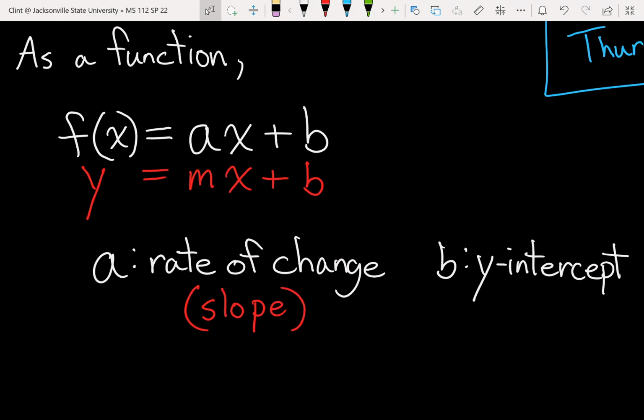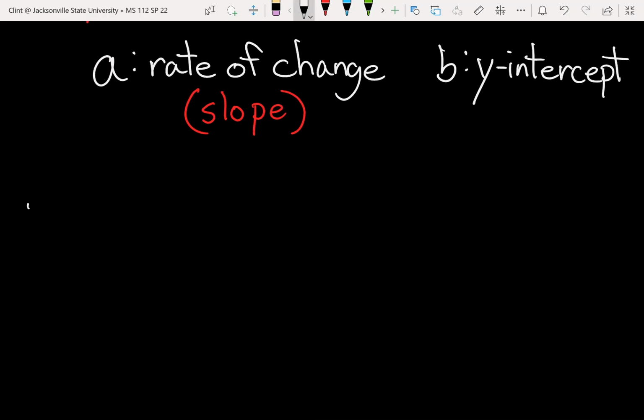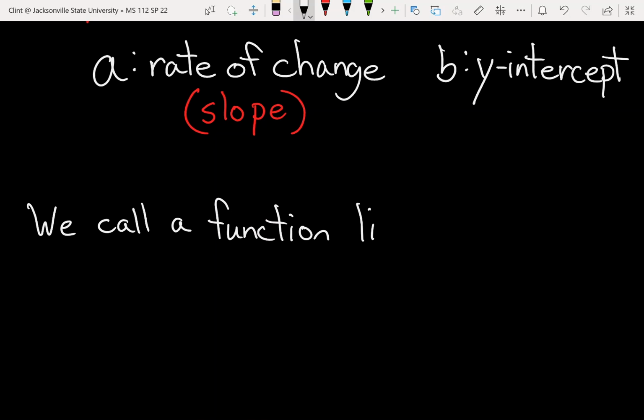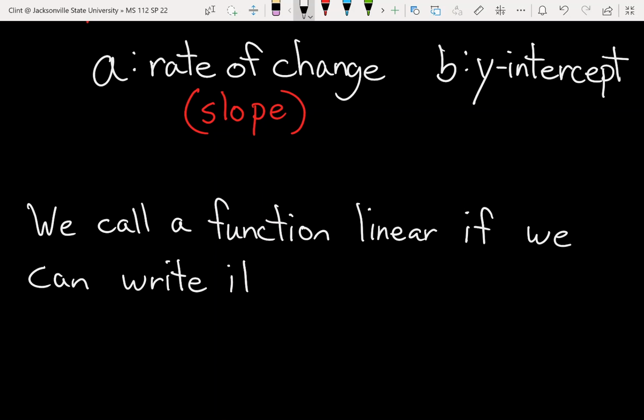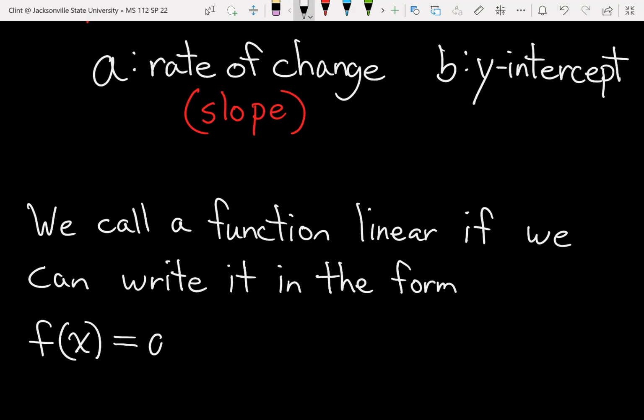So we call a function linear if we can write it in that form, f of x equals ax plus b.